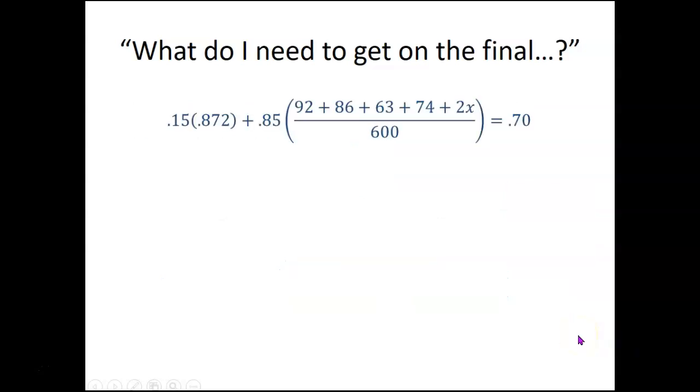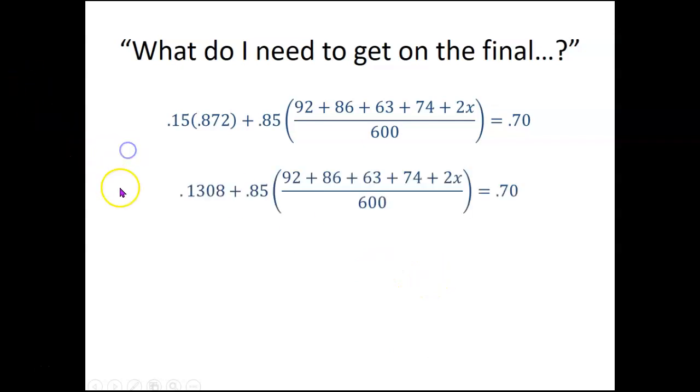Okay, so I'm just quickly going to work through the details of solving this. It's a little bit more complicated than the equations I'm going to ask you to solve in this section, but same basic idea. So I could go ahead and multiply these two numbers together. 0.15 times 0.872 gives me 0.1308.